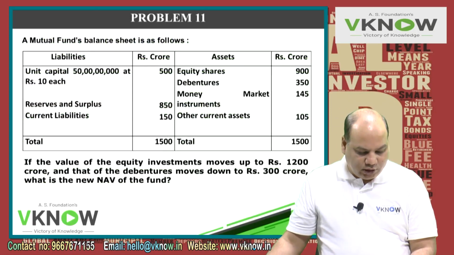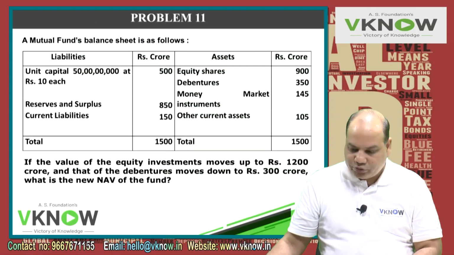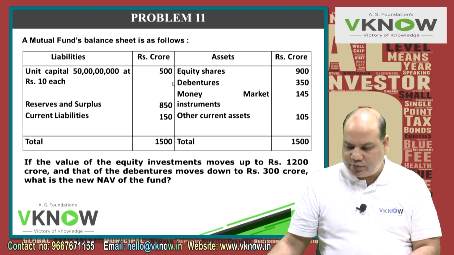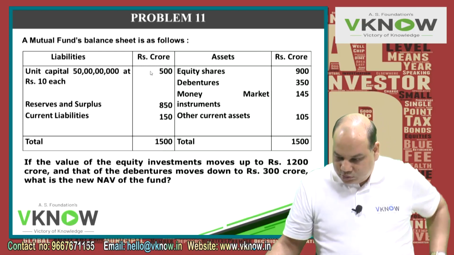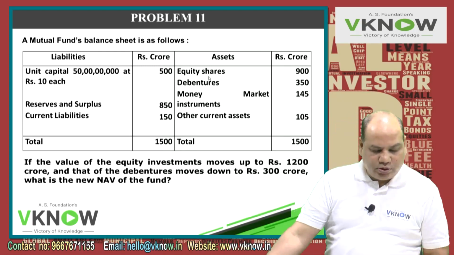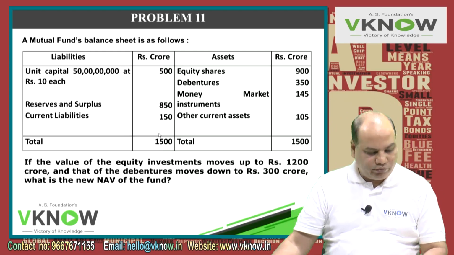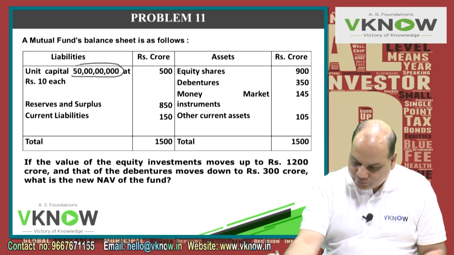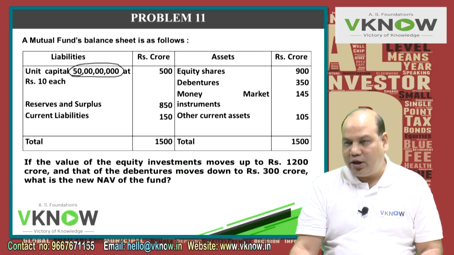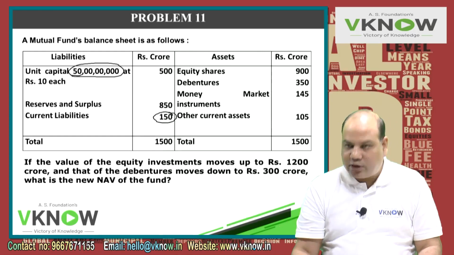Come to question number 11. Question number 11 is one more simple problem. A mutual fund's balance sheet is as follows. Liability, rupees in crore, asset, rupees in crore: unit capital, reserve and surplus, current liabilities. So what you get from this number will be useful. 50 crore units are there and the current liability is 150.